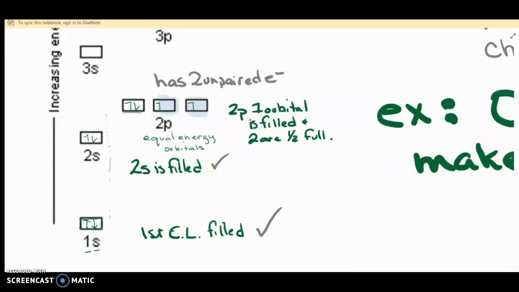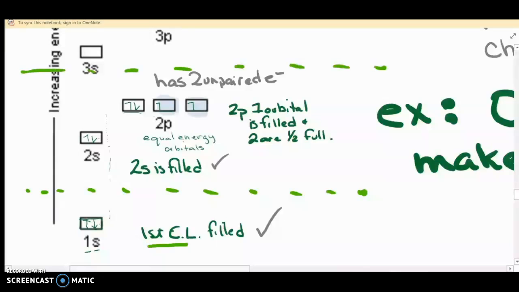And when we do this for all the other elements, that set of circumstances that you see out there in the outermost energy level, known as the valence energy level, we filled the first energy level. We have not filled the second energy level.